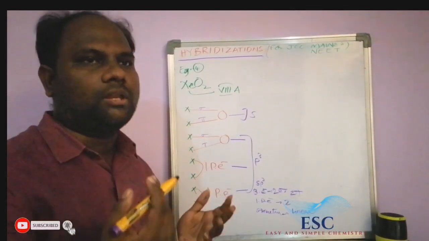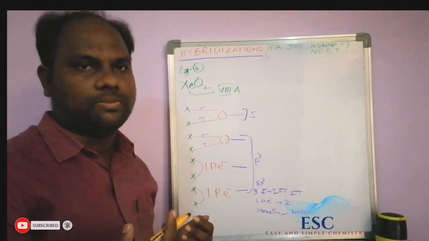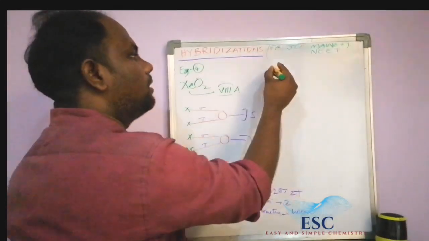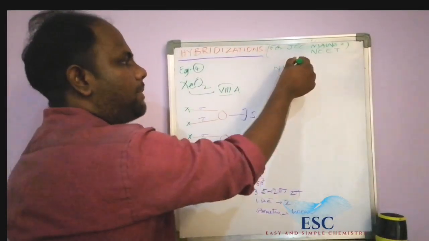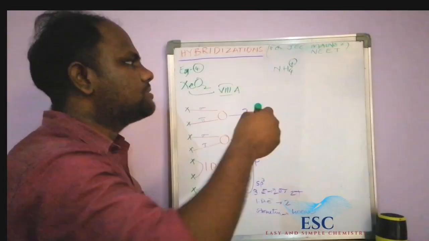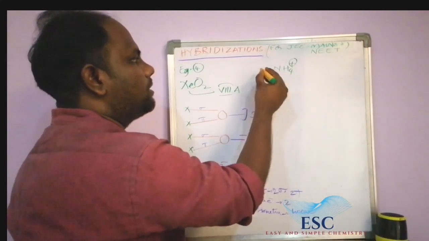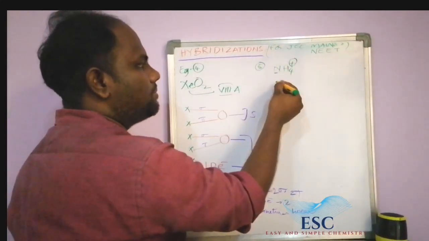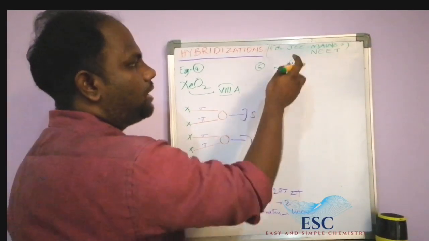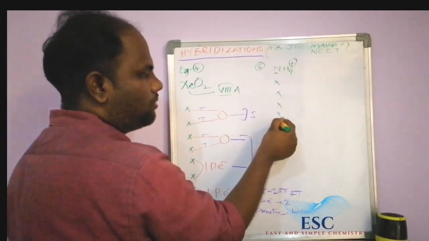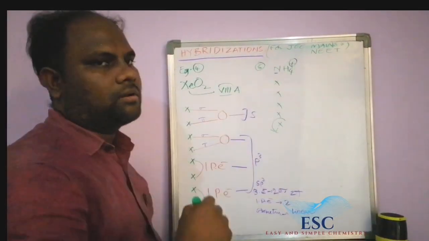Then go to cases where minus or plus charges are present. For example, example number 5: NH4 plus. What happens when there is a plus? Which one is the central atom? Nitrogen, with 5 cross marks. Plus means we remove one cross mark.